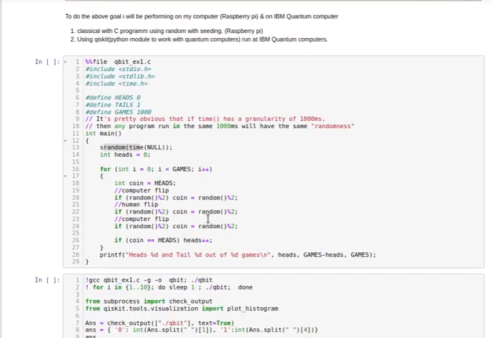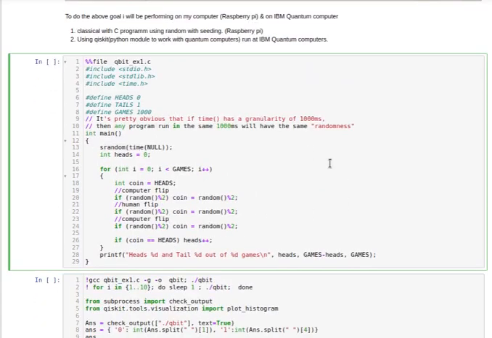Alright, so here is the program written in C for finding the probability of getting a head. Let's run this.